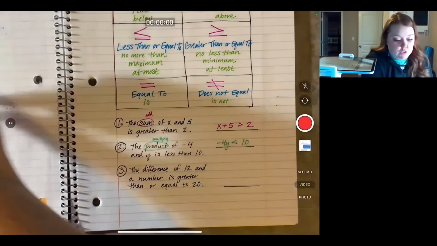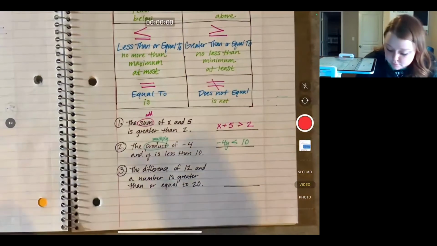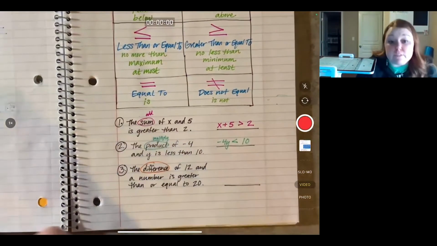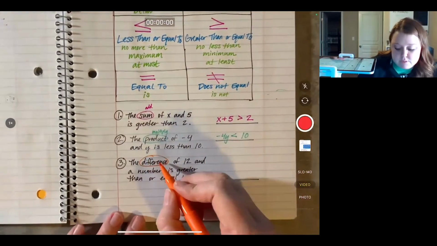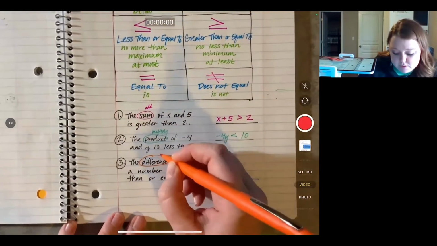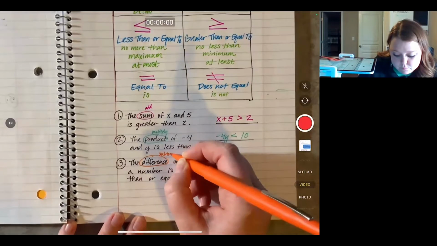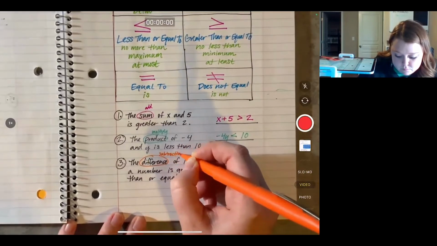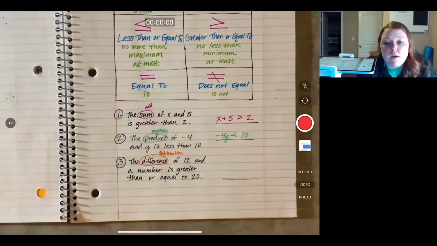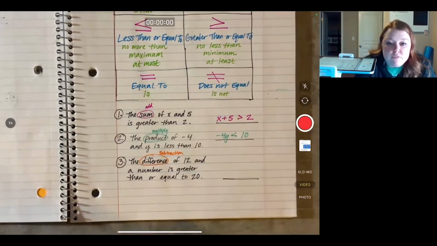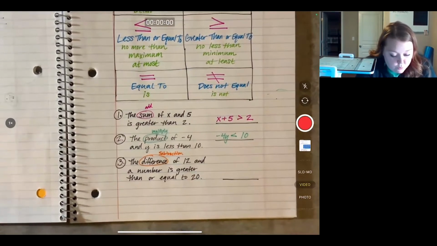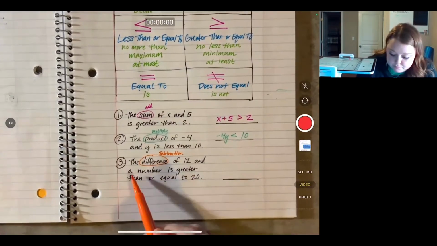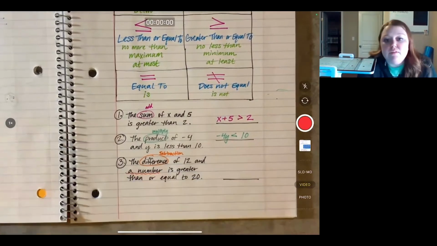Okay, so your key vocab here is difference. All right, difference. Difference in mathematics means subtraction. All right, so the difference of 12 and a number. So when we say a number, maybe underline that.